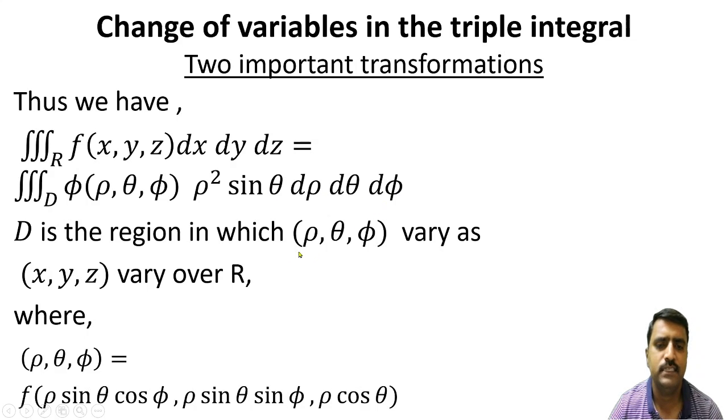So D is the region in which rho, theta, phi vary as x, y, z varies in region R. So f is a function of rho sin theta cos phi, rho sin theta sin phi, rho cos theta.